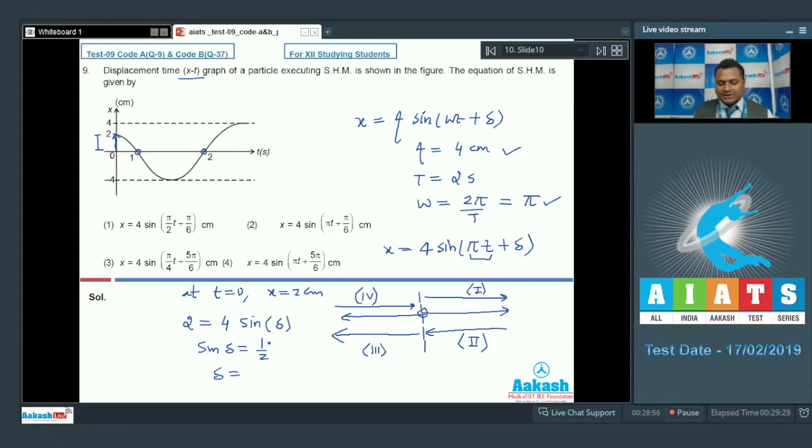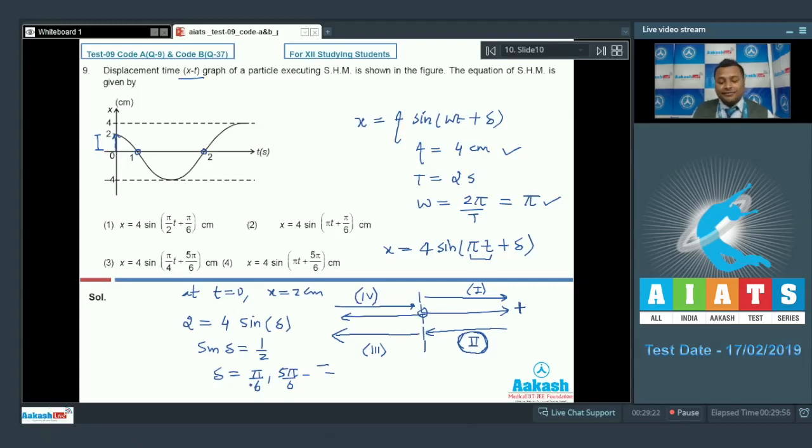Now analyze the situation given here. The particle is returning toward the mean position from the extreme position. If we take positive and negative directions, the particle is returning from positive toward the mean position, so it lies in the second quadrant. So the angle we may get is pi by 6 as well as 5 pi by 6 and so on.